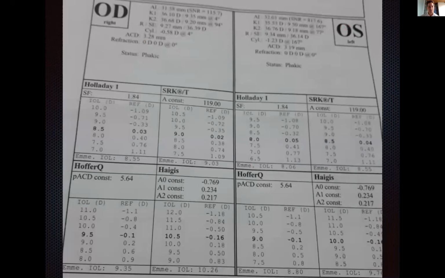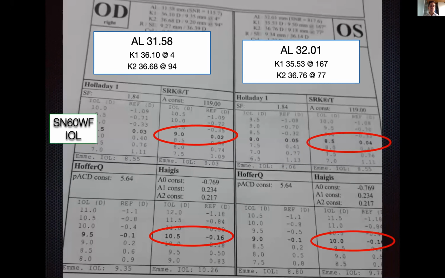On the biometry, we can see that the axial length in the right eye was 31.58, and the K was very flat, around 36. And in the left eye it was 32.1, and the K also around 36.